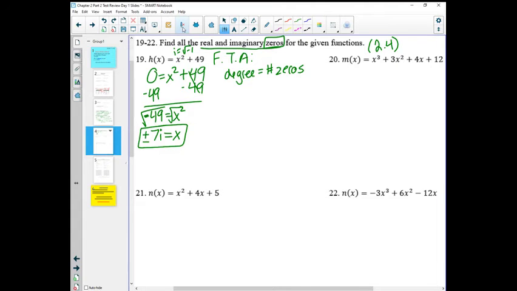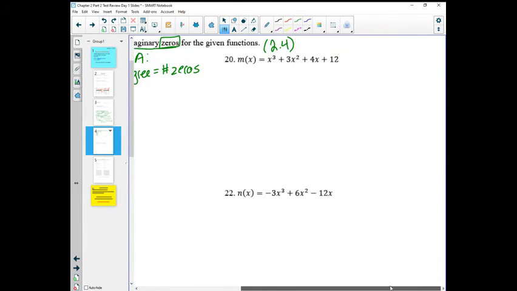So those are your two zeros. By the fundamental theorem of algebra, since this exponent is 2, our polynomial has 2 zeros. So that one is done being solved. On question 20, again, I'm going to solve by setting the entire function equal to 0.